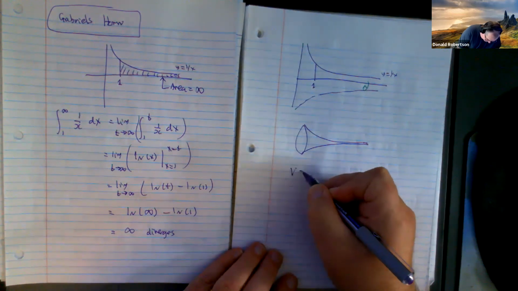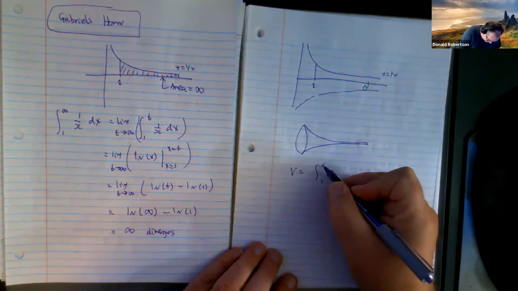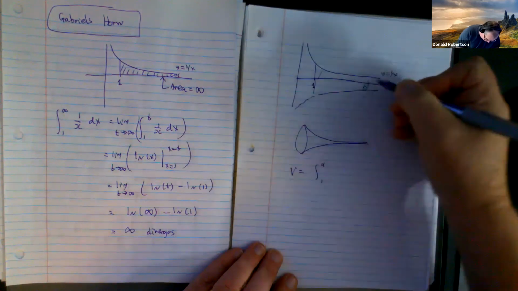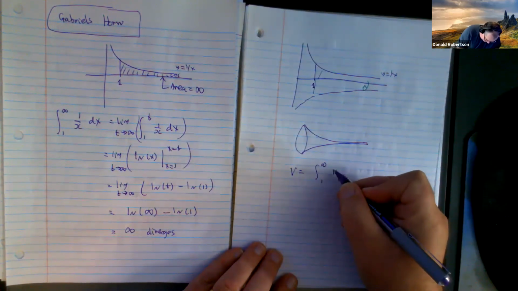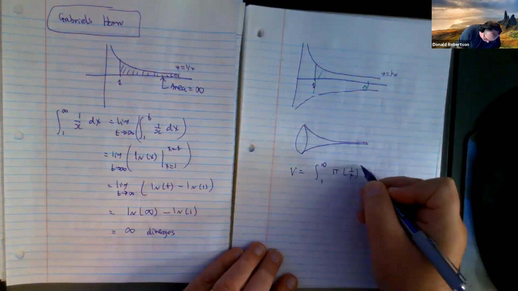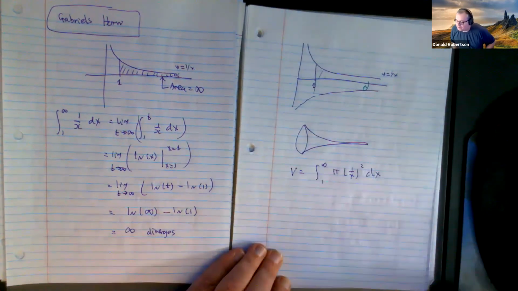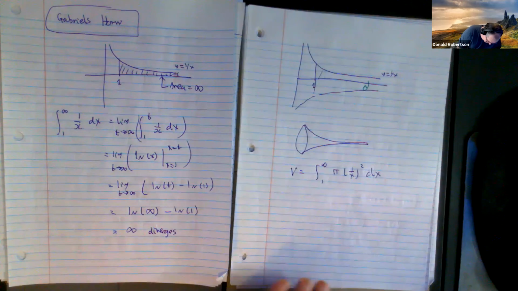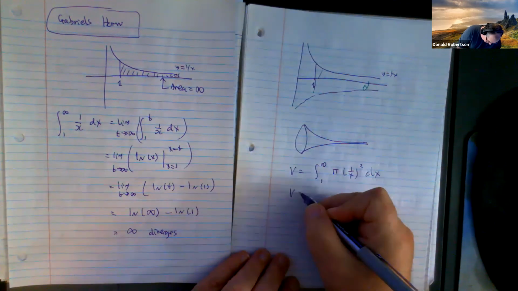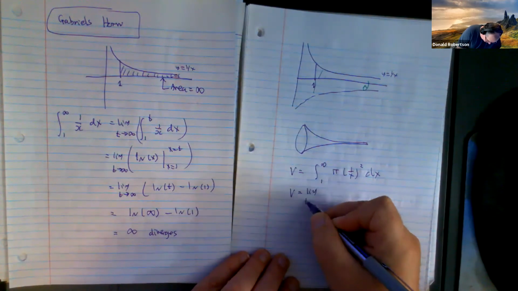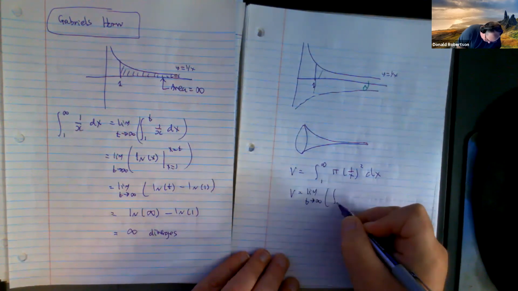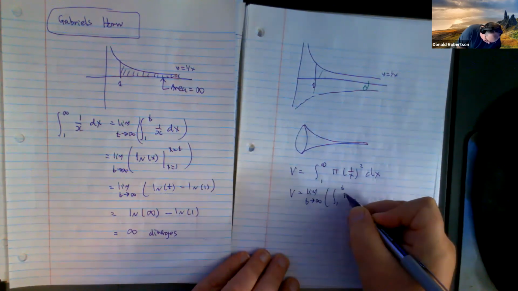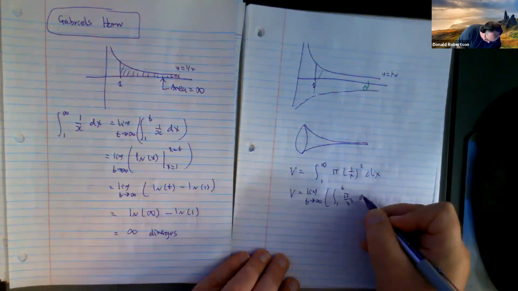Its volume is the integral from 1 to infinity, rotated about the x-axis. Well, isn't that pi f of x squared? Isn't that how you would get the volume rotating about the x-axis? So the volume is going to be the limit as t tends to infinity of the integral from 1 to t of pi over x squared dx.